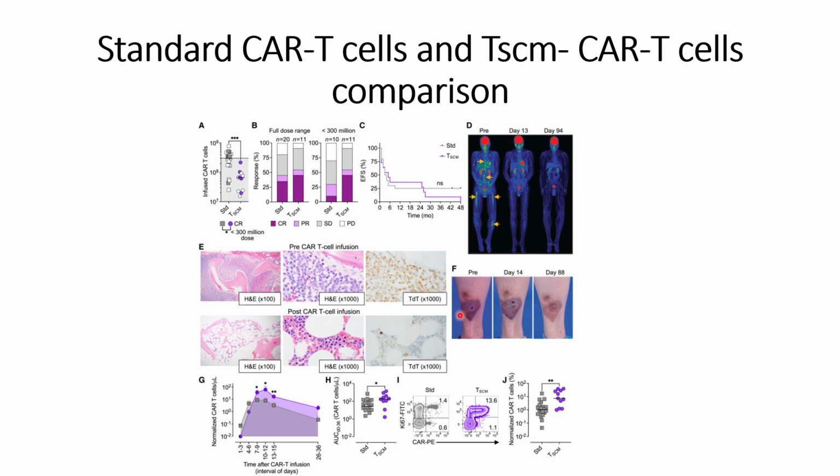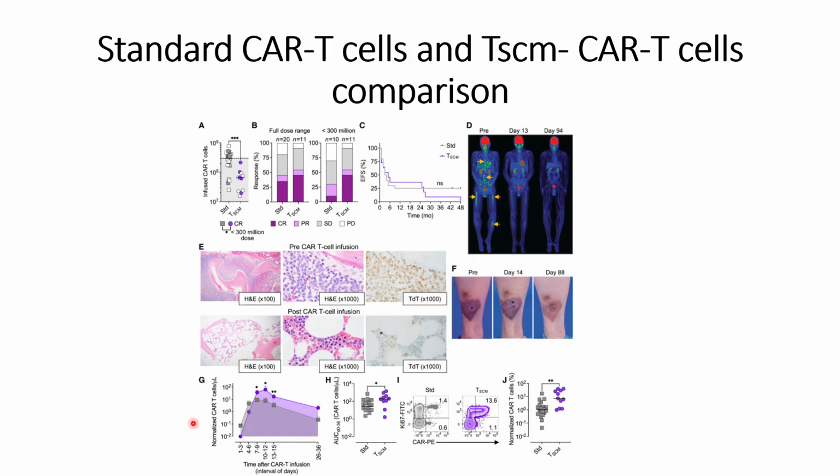And after that they also checked the effect on the patient, and they can see the recovery in the patients that were infused with T stem cells based CAR-T cells compared to the pre-CAR-T cells condition.